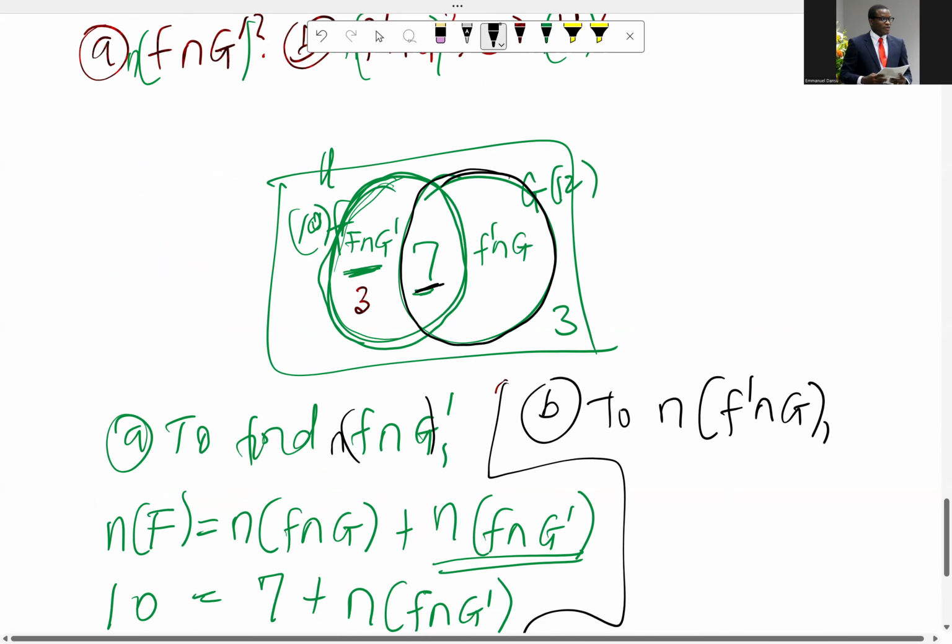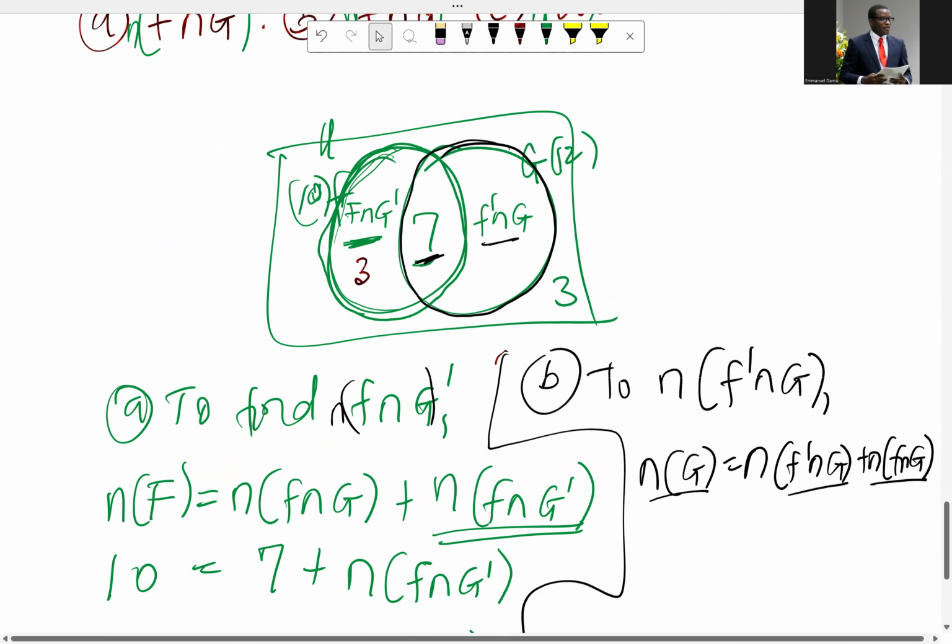So this is those who play both and those who play the guitar only. So the cardinality of G is equal to the cardinality of F prime intersection G plus the cardinality of F intersection G, those who play both. This is everybody that plays guitar.